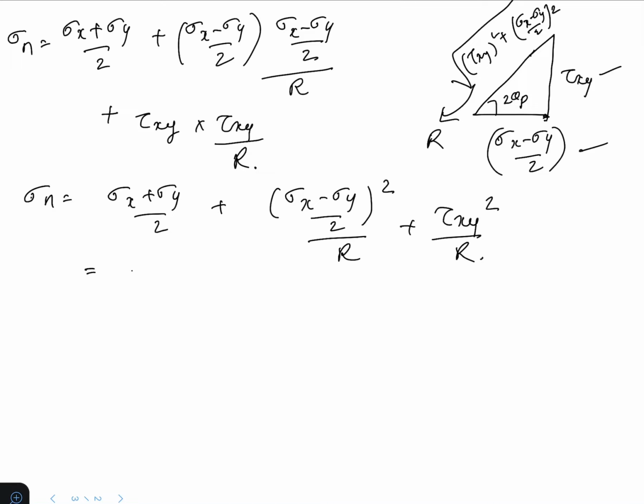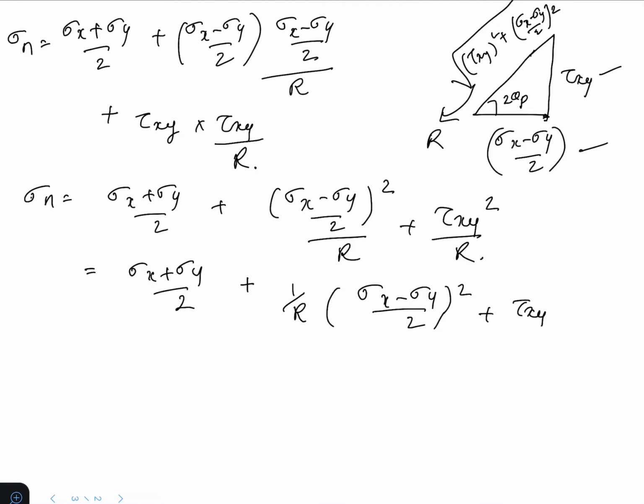So this will be sigma x plus sigma y by 2 plus, see, this will be the value of sigma n. We can take 1 by r in common. Sigma x minus sigma y by 2 whole square plus tau xy square, this much term.